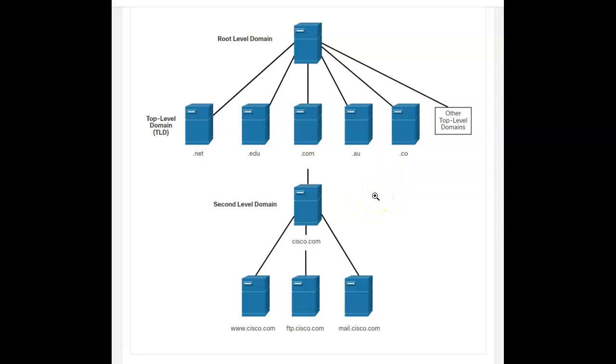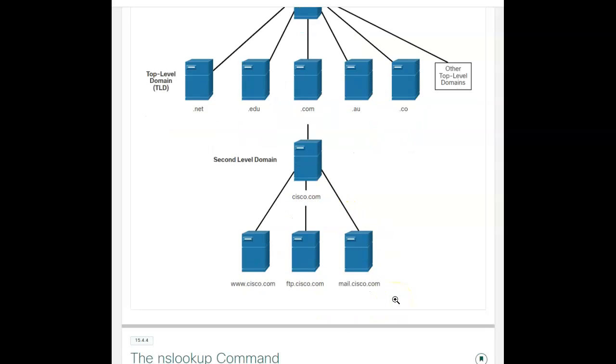But sometimes it's still a lot of information. So you may get a second level domain, where it's broken down, for example Cisco has multiple different types of servers that it wants to use. You've got the root level domain, which is just the top level of DNS, then the top level domains, which break down into different categories, and then a second level domain where a particular company or school can break it down into multiple different categories.